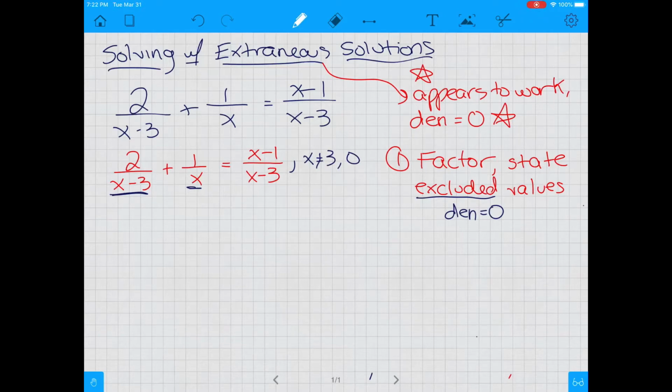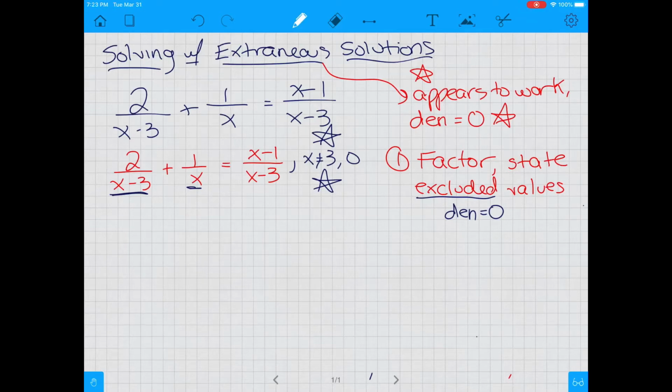That's a problem. So when I look at my final answer, I'm going to check against these. Is one of my solutions one of those values that doesn't work? If it is, I just get rid of it. If it's not, then it should work and be just fine. Hopefully that makes sense. It's an easy way to go backwards and check: do I get x equals 3 as a solution? If it appears to be, I know in this particular case it's not going to work.